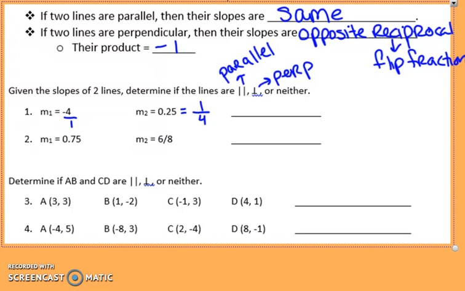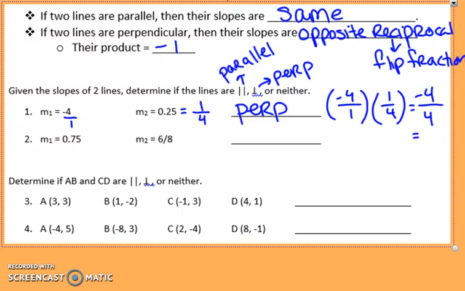The opposite of being negative is positive, so in this case, they are perpendicular. And if you were to put this in your calculator or do it in your head and multiply them, -4 times 1 is -4. 1 times 4 is 4. So you do get -1. And that proves that they're perpendicular. So if you're not sure on the reciprocal, multiply them. See if you get that -1.